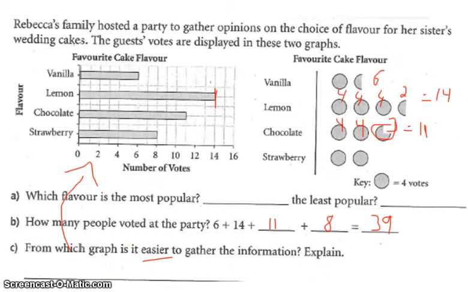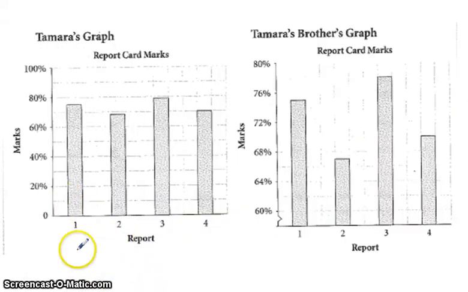Okay, let's move on. If we look at this example, we're going to see that graphs, of course, are a visual way of representing data, but they can create a false impression depending on the way they are drawn. There are many ways that you can draw graphs to misrepresent data, and we'll just look at one of these examples.